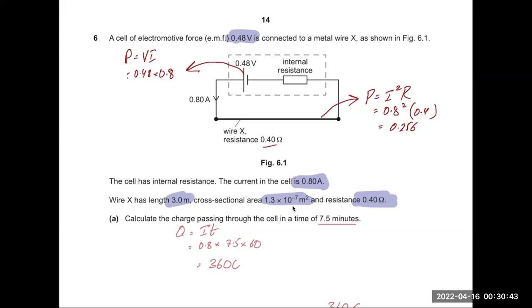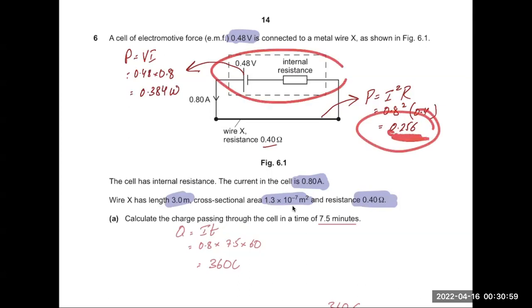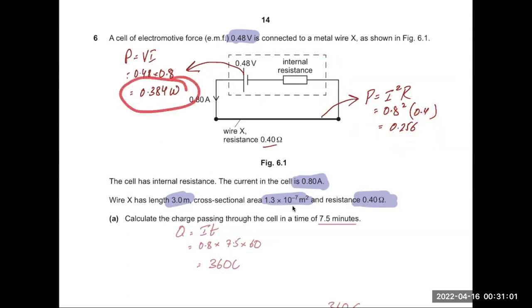So 0.48 times 0.8, 0.384 watts. So this is the actual output power. This is the total power produced by the battery. And if I ask you what's the power loss, you simply subtract the two values.